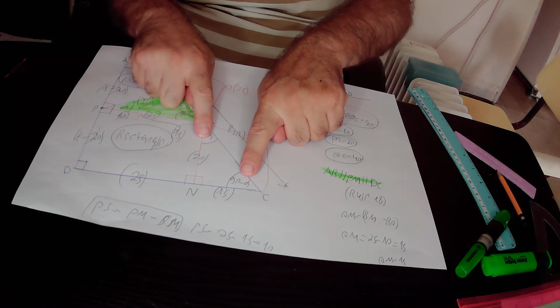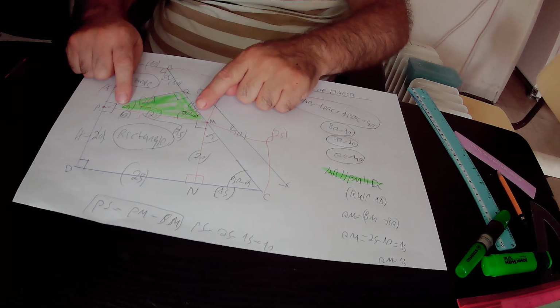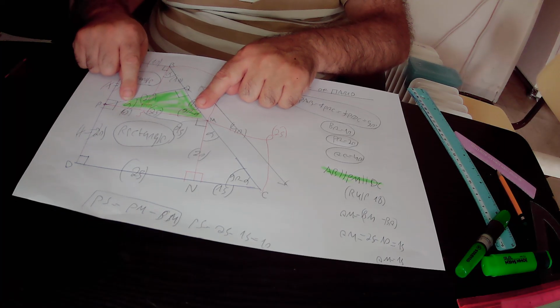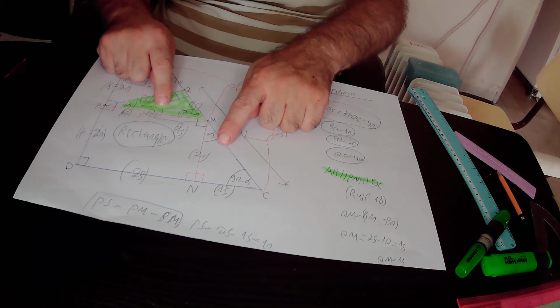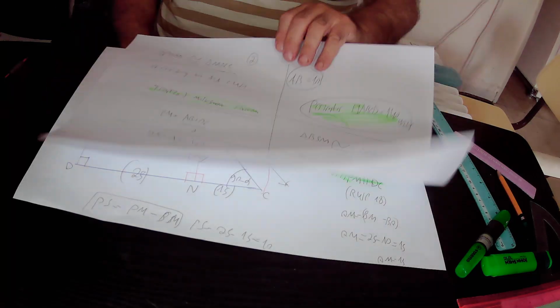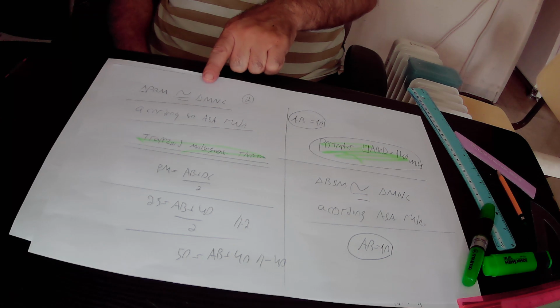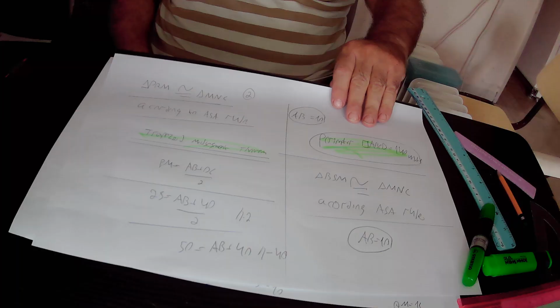And therefore, those two right triangles can go into each other according to the angle side angle rule. So we found out that the green right triangle PQM is congruent to the right triangle MNC according to the angle side angle rule.